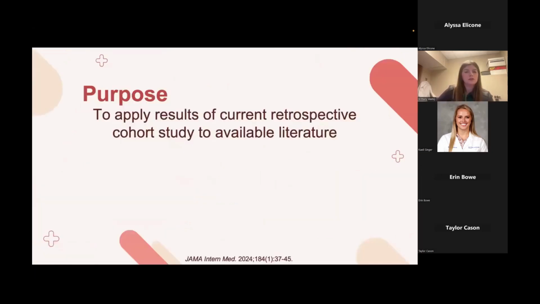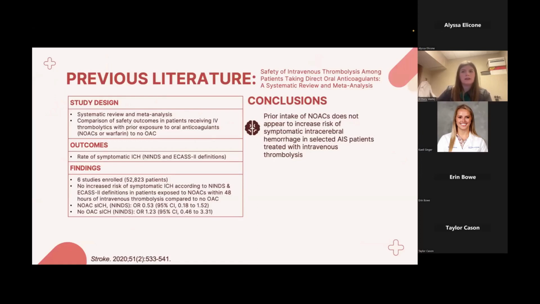With their newfound results of an Asian population, the investigators aimed to synthesize an updated literature source that would expand patient representation and increase the external validity of findings. To quickly touch on some previously available literature, there was a meta-analysis published in Stroke in 2020 that did evaluate the safety of IV thrombolytics in patients taking DOACs.